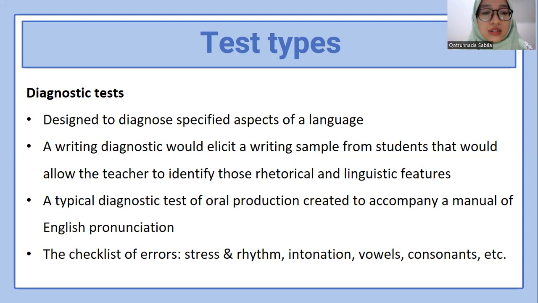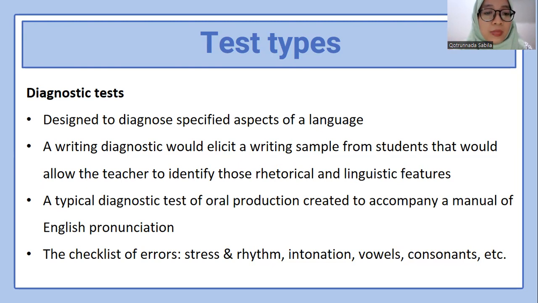A writing diagnostic would elicit a writing sample from students that would allow the teacher to identify those rhetorical and linguistic features on which the course needed to focus special attention. A typical diagnostic test of oral production was created by Clifford Prator in 1972 to accompany a manual of English pronunciation. After multiple listening, the administrator produced a checklist of errors in several separate categories.